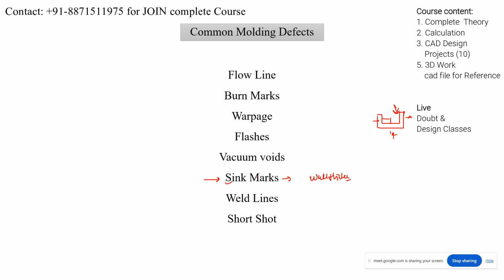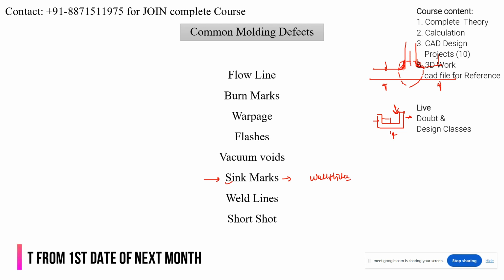And where will it be produced? For example, we have a component like this, and here you can see the variation of the wall thickness. Indirectly the wall thickness is the same, but in this component there is a radius here and a radius here, so indirectly it becomes a large wall thickness in this section, right or wrong?